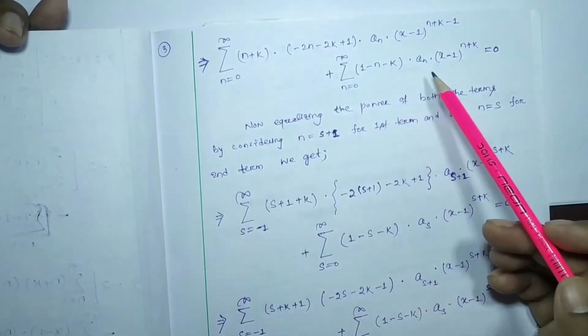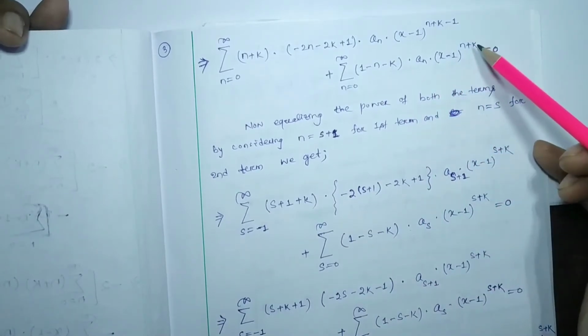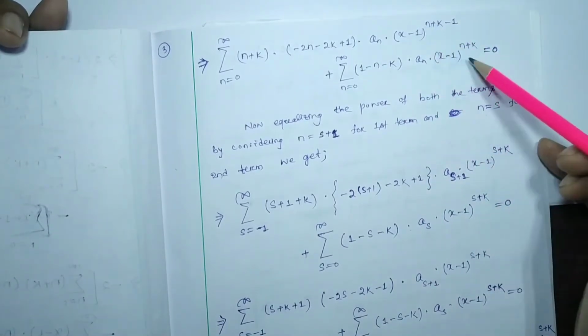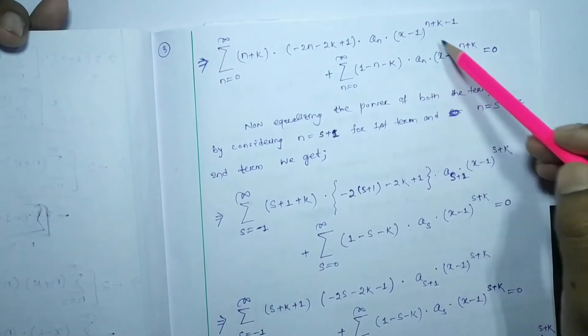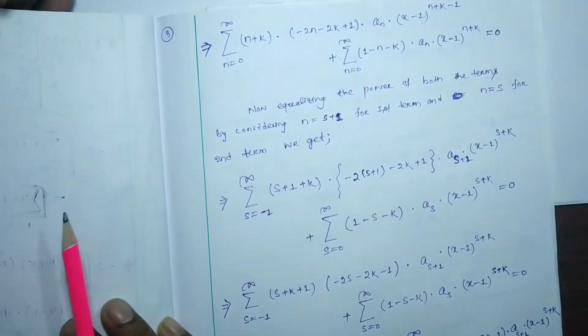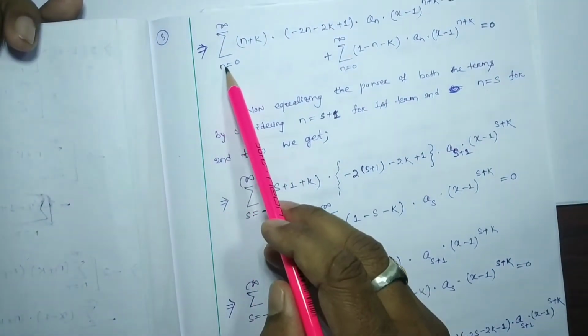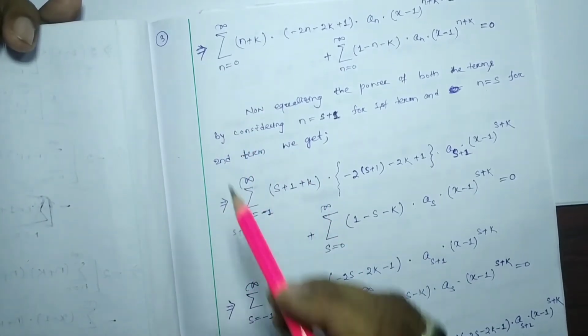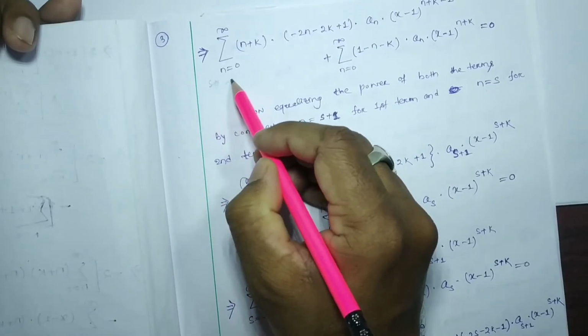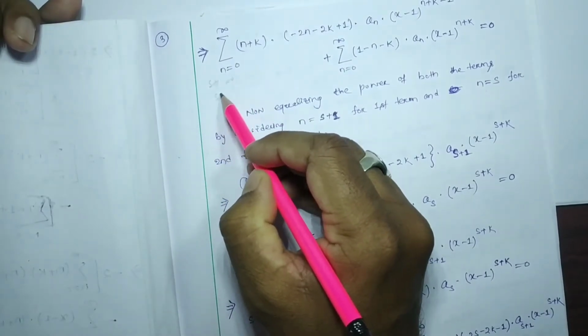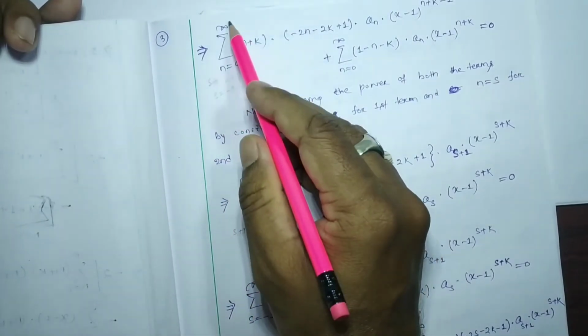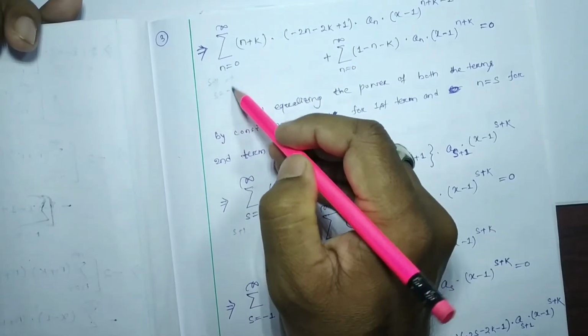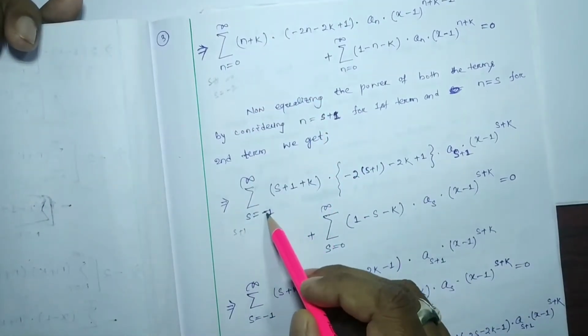Why do we have to consider it like this? Because we want to equalize the power of x minus 1. Instead of n, if we put s plus 1, s plus 1 equal to 0, so what will be the s value? The s value will be minus 1, so s equals minus 1 to infinity. So here I have written minus 1 to infinity.